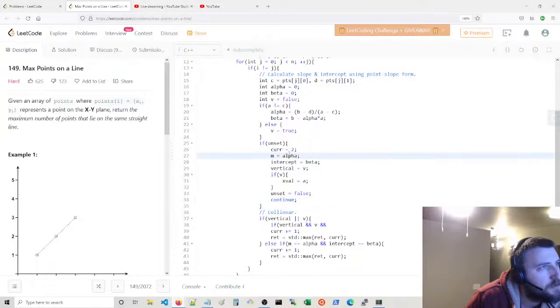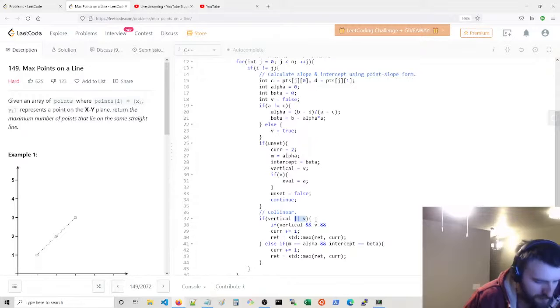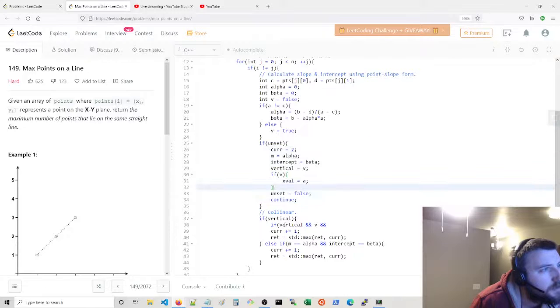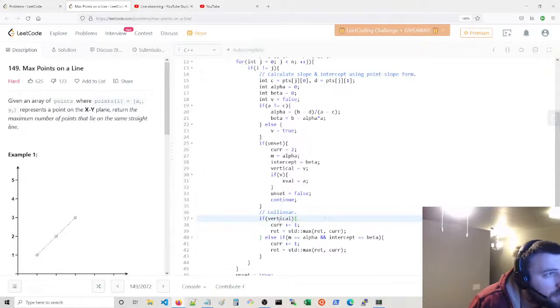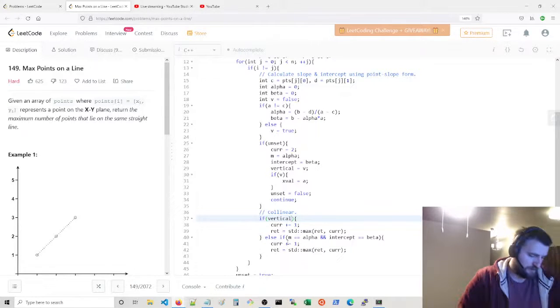Yeah, if you're unset, you don't even look. I don't think you even use V down here. By the way, I don't think V is even necessary. Or excuse me, you don't use V or vertical here. You only care if you're vertical. Then all you have to do is just check vertical.